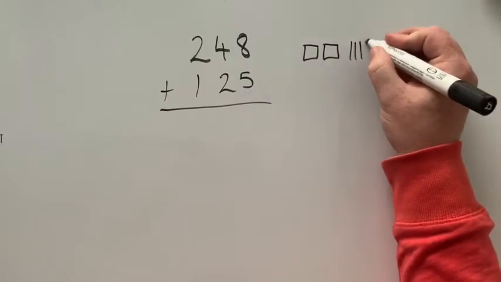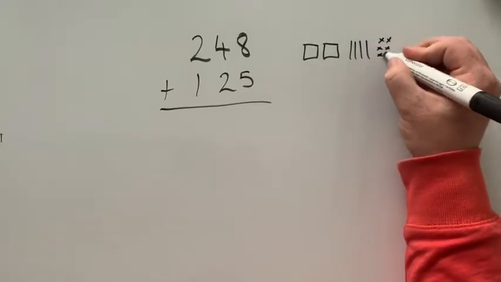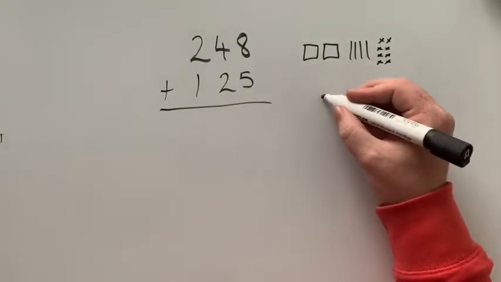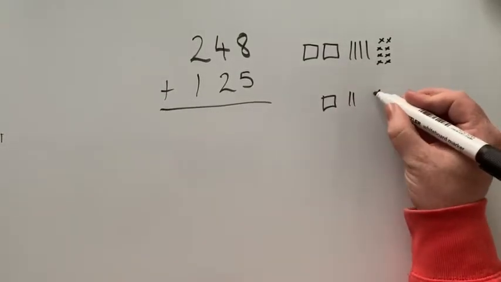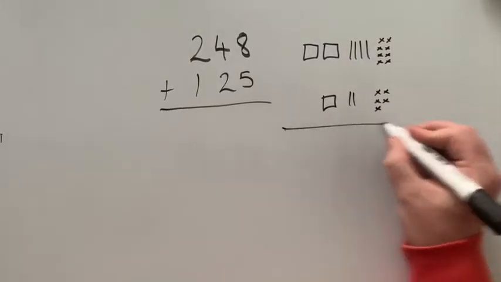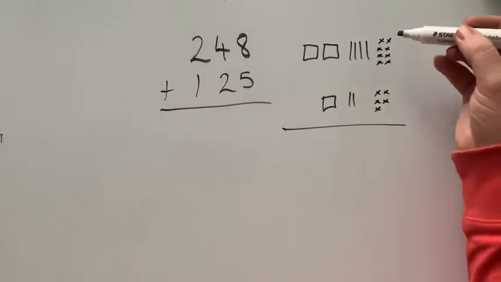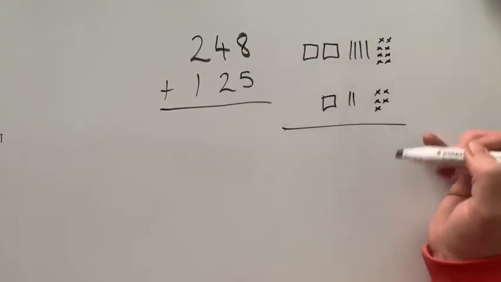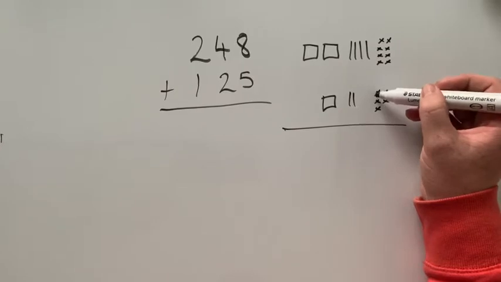1, 2, 3, 4 tens. 1, 2, 3, 4, 5, 6, 7, 8. 100, 2 tens, 1, 2, 3, 4, 5 ones. Okay. So once again, we start with the ones. 8 ones plus 5 ones. Now that's going to be greater than 10, so let's count 8, 9, 10.